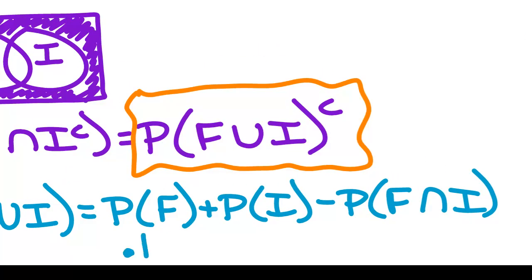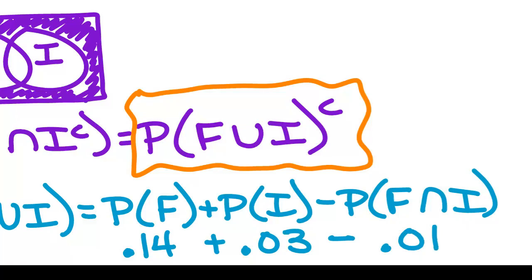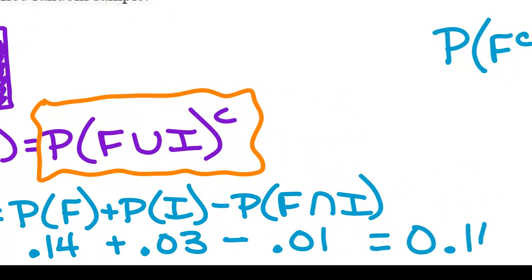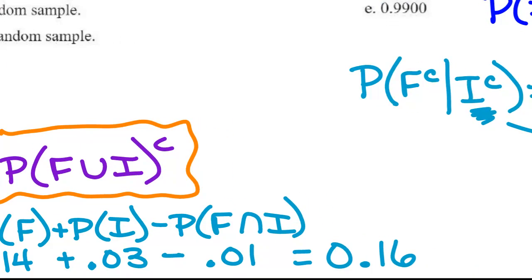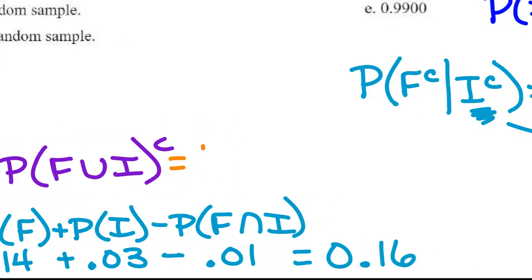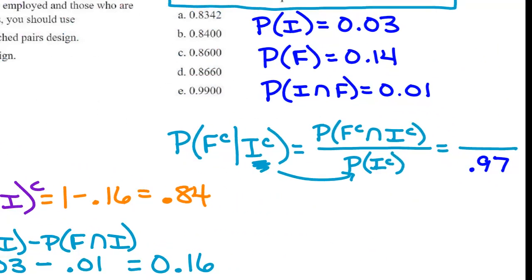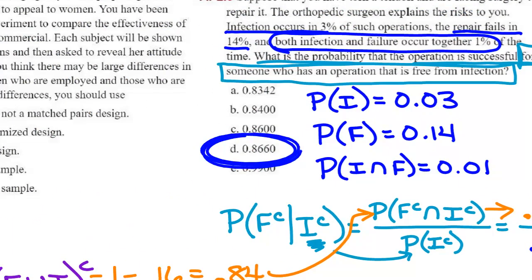So probability of failure is 0.14, probability of infection is 0.03, probability of both occurring is 0.01, so that's 0.16. So this would be 1 minus 0.16, or that's 0.84. That's my numerator. And if you do 0.84 divided by 0.97, you get like 0.8659999. So it rounds to approximately 0.866.